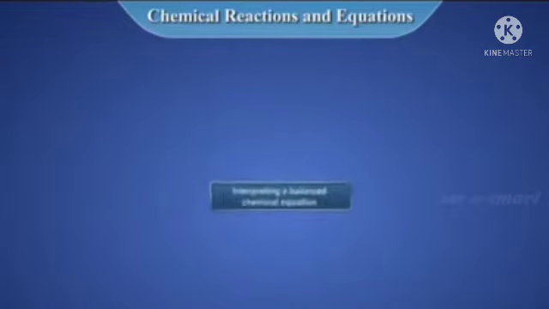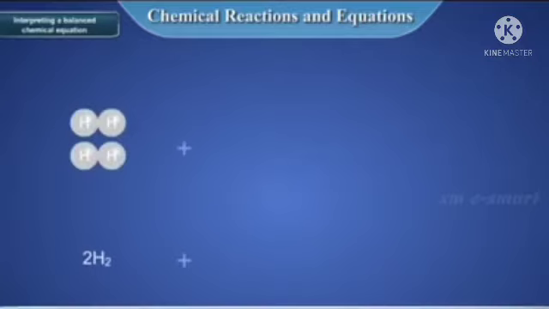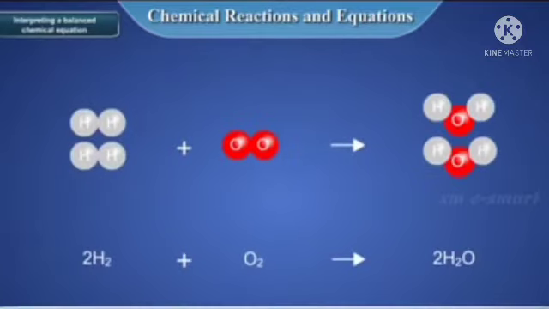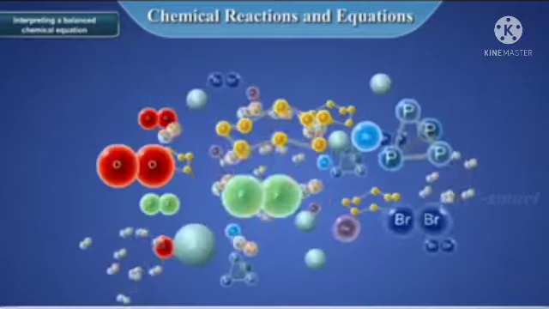Writing and balancing chemical equations. A chemical equation gives information about the reactants and products through their symbols and formulae. It gives the ratio of molecules of reactants and products.